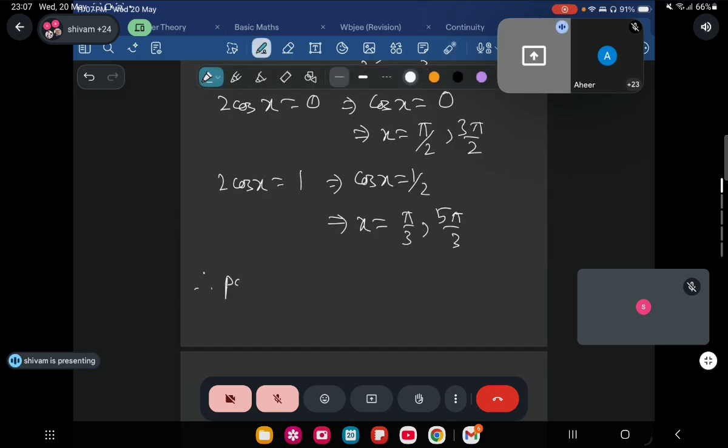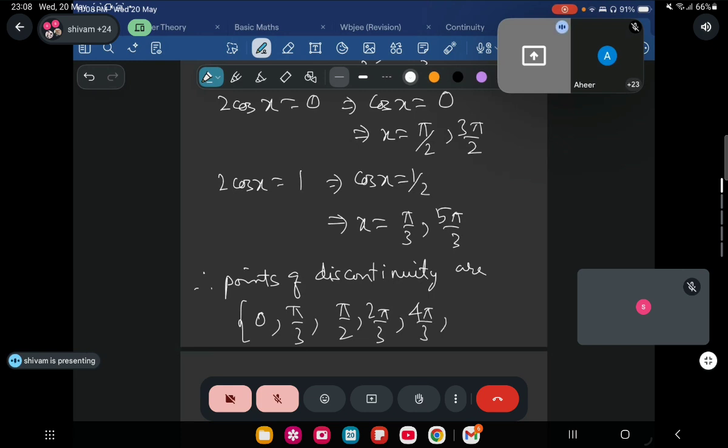So therefore, points of discontinuity are 0, pi by 3, pi by 2, 2 pi by 3, 4 pi by 3, 3 pi by 2, 5 pi by 3, and 2 pi.